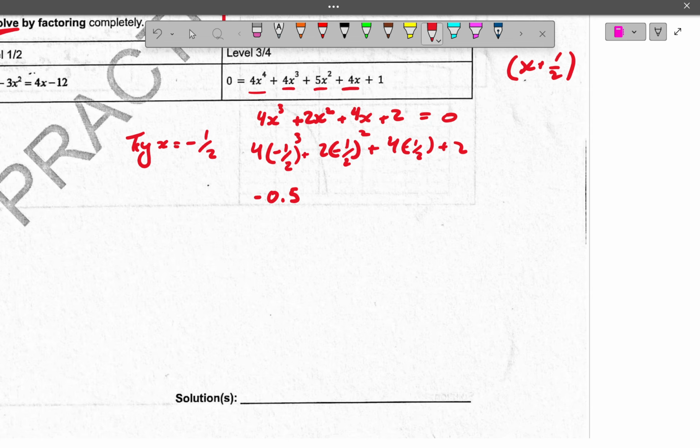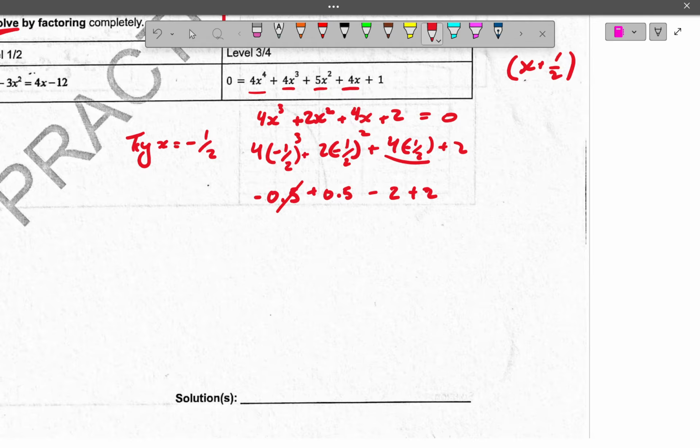And then negative 0.5 squared times 2 is positive 0.5. And then negative half times 4 gives negative 2 plus 2. And so we found it again.